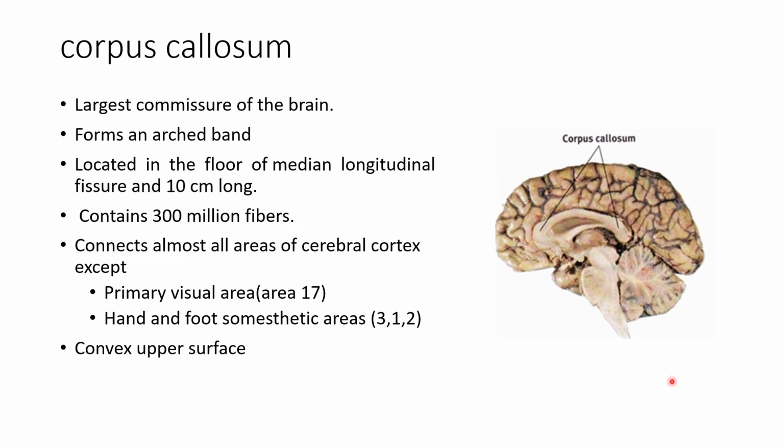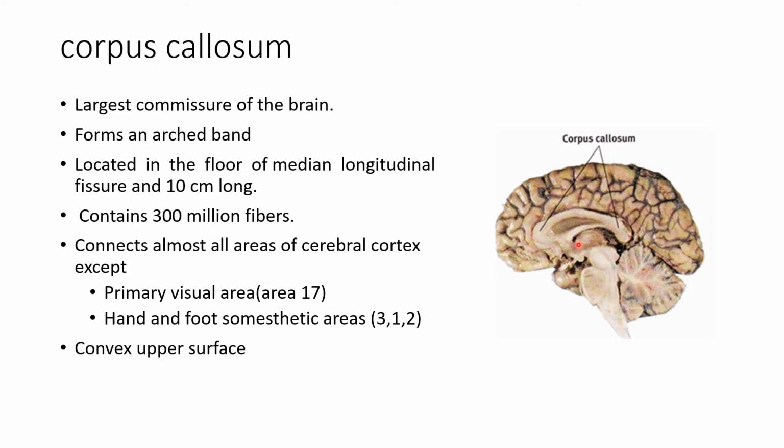If you see this section, this is the medial surface of the cerebrum, wherein you can see an arched band of fibers, and this is the corpus callosum, located in the median fissure. The median longitudinal fissure separates the two cerebral hemispheres.